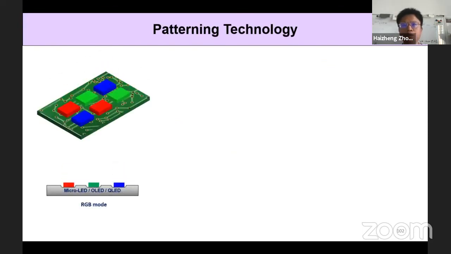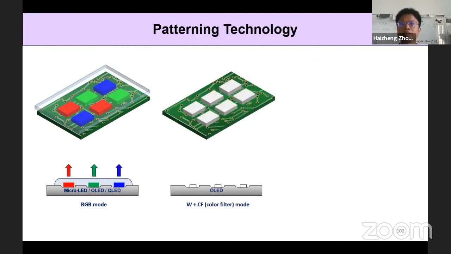So here I would like to show you the patterning technology. For LCD, we need bulk films, but for micro LED or OLEDs or QLEDs, we need patterned quantum dot converters. And usually there are two ways.